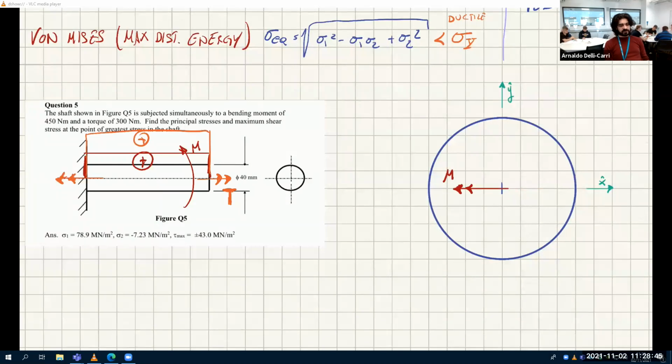It's exactly the axis of the bending moment. So if that's the neutral axis, which one is the most stressed point according to the bending moment? Top and bottom.